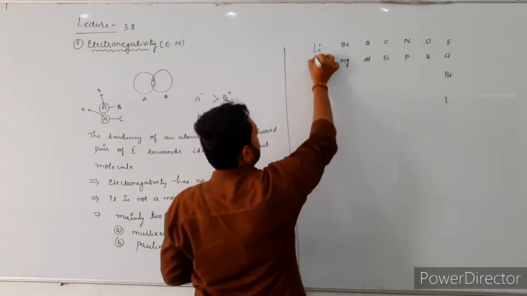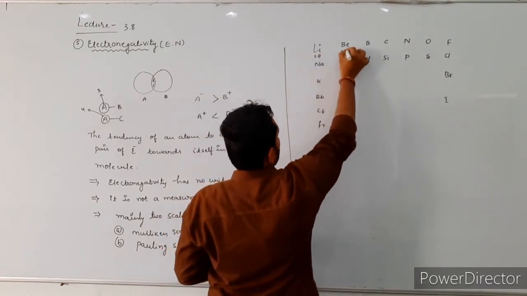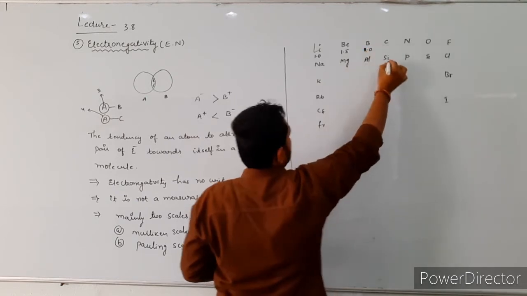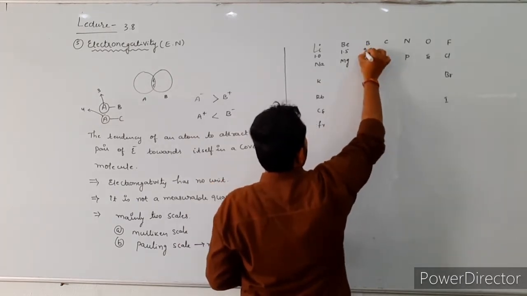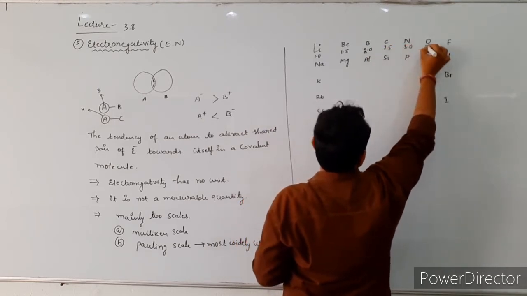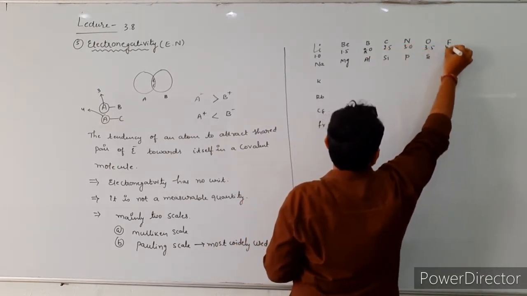For lithium 1, for beryllium 1.5, for boron 2.0, next 2.5, 3.0, 3.5 and 4.